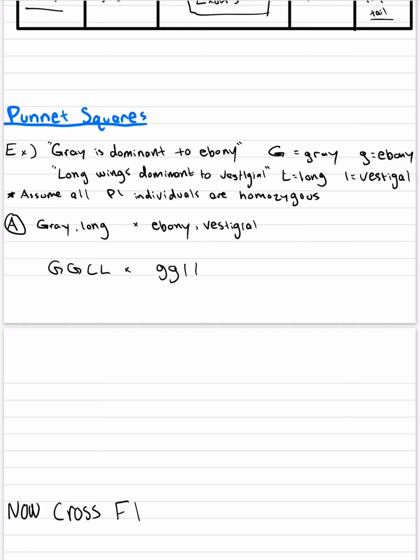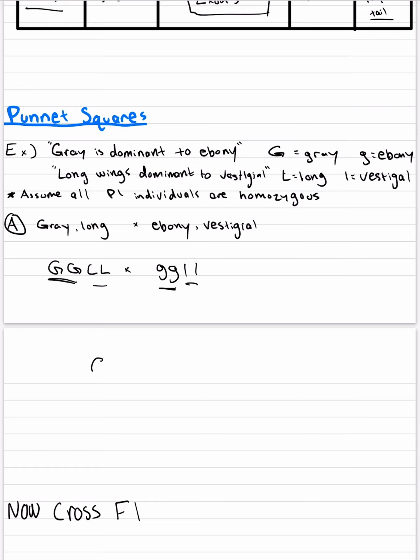Now, in order to solve this problem, the easiest method is to make separate Punnett squares for each of the genes. So make a Punnett square for the gene G and make a Punnett square for the gene L and solve for both of those.